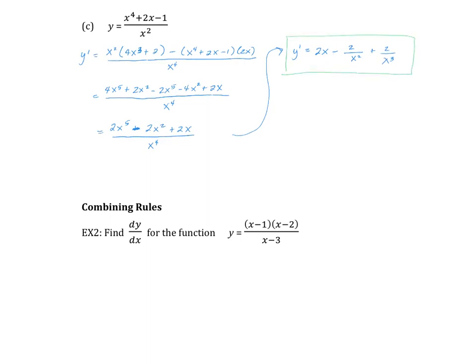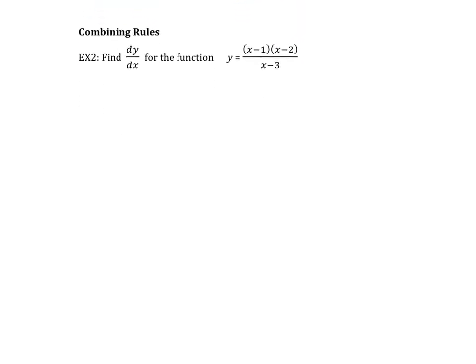Our last example would be if you need to combine the product rule with the quotient rule. In example 2, notice I'm trying to find the derivative. Normally, I would multiply this numerator out to have x squared minus 3x plus 2 over x minus 3, and then I would use the quotient rule.